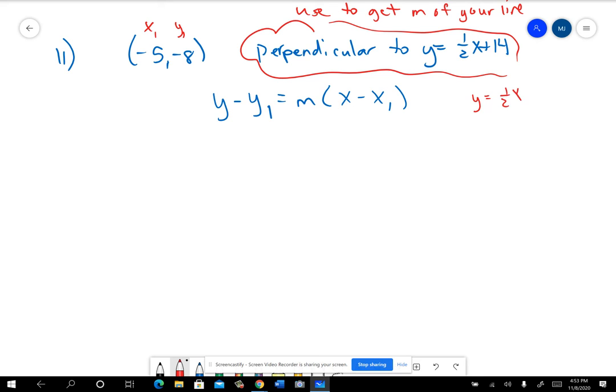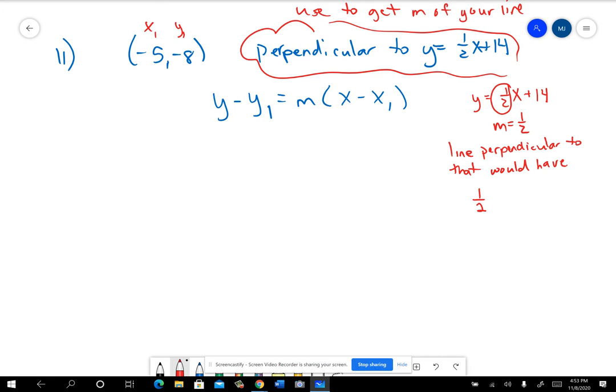So the line you're given is y equals 1/2 x plus 14. It is in slope-intercept form, so we know the slope of that line is 1/2, right? That's not the slope of my line, though. The line perpendicular to that would have slopes that are opposite reciprocals.